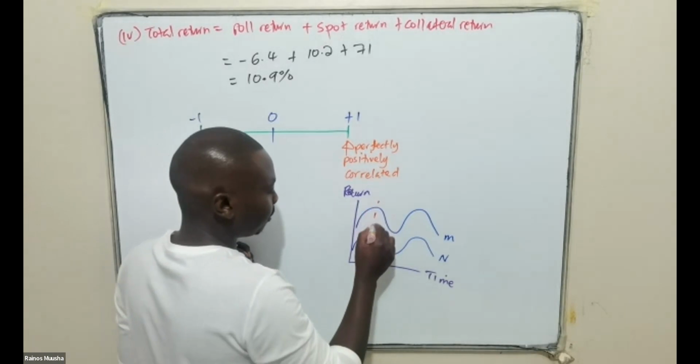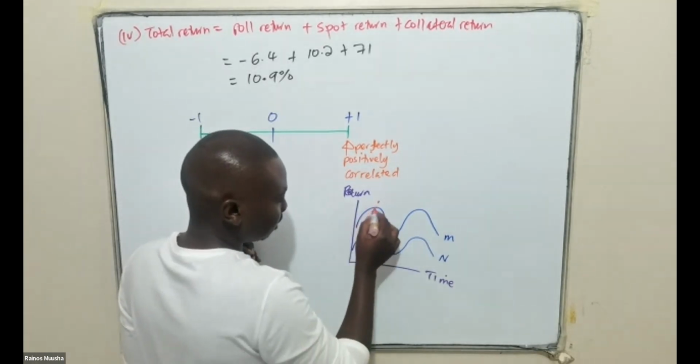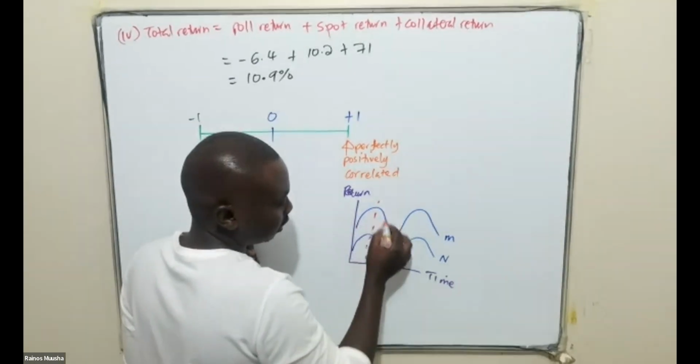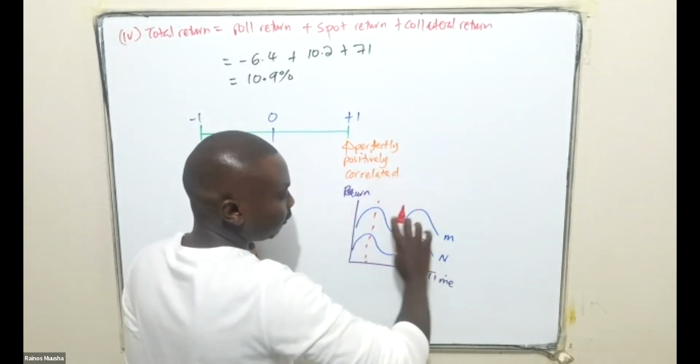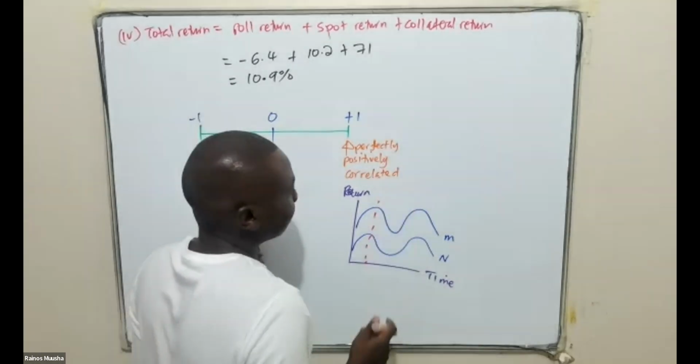So when this one experiences an upward movement, this one also has an upward movement. And when this one goes downward, this one also goes downward. So if it's perfect, it means they're perfectly correlated.